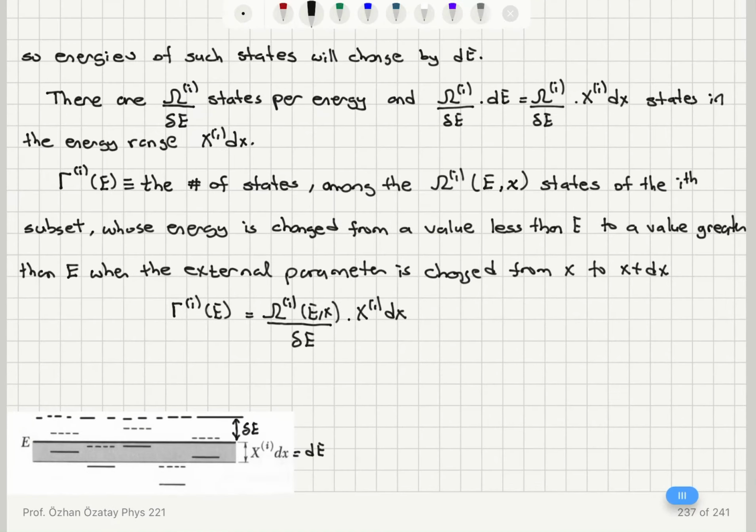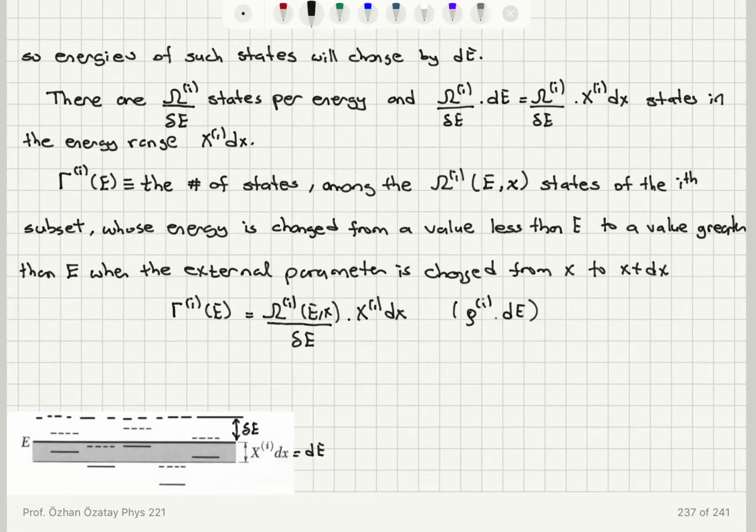It's the number of accessible states that have this response xi to changes in the external parameter, per energy delta E, multiplied by the change in energy dE, xi dx, which is the amount of shift in these energy levels. You can think of this as rho I, the density of states, multiplied by dE.